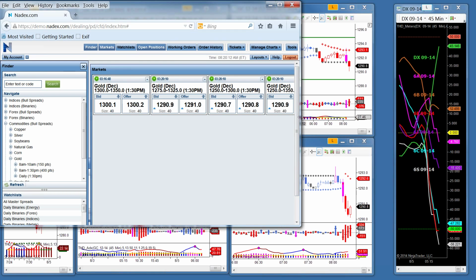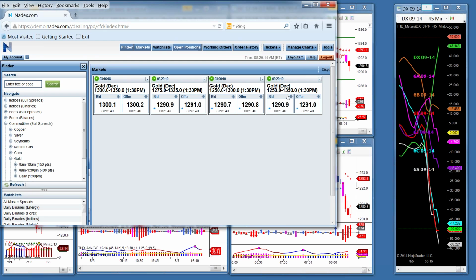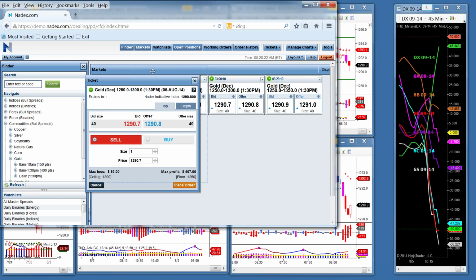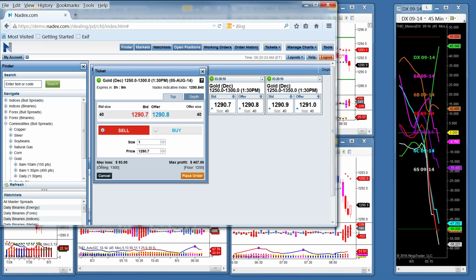So let's say that we're going to sell the daily at, where's it at? 1300 here, okay? So when you open up the ticket, your maximum loss is $93. Your maximum profit is $407. Do you see that? Now, I'm going to go ahead and sell this because I'm in simulator mode, so I don't care.